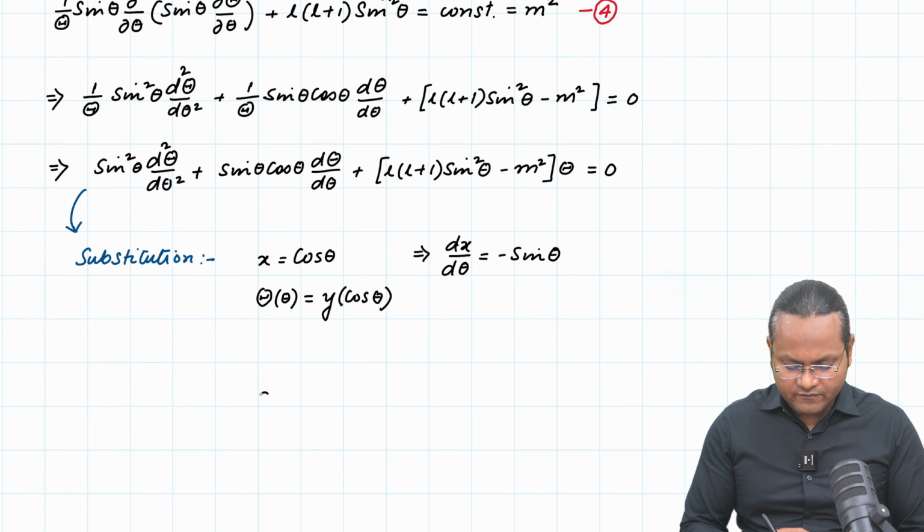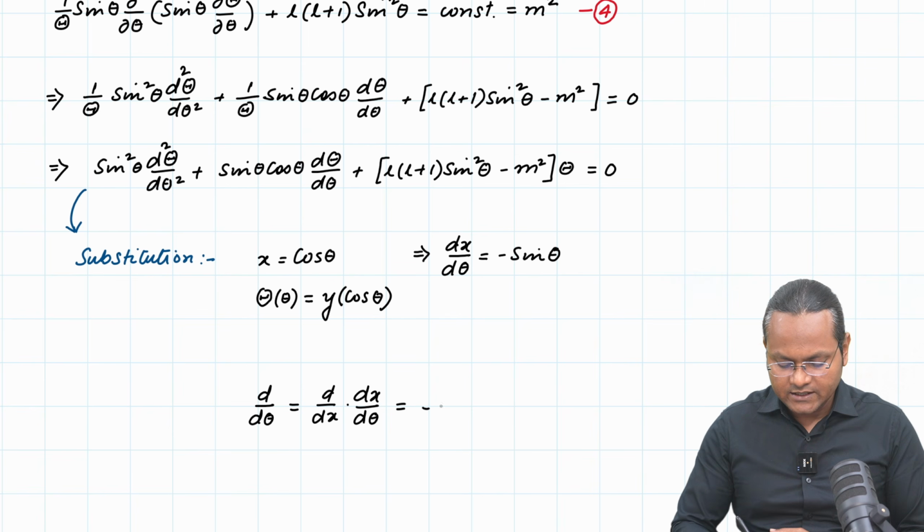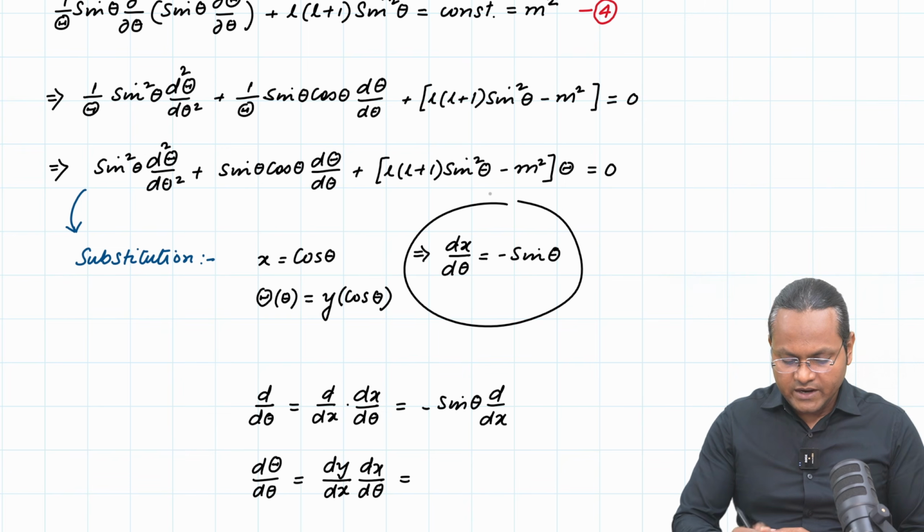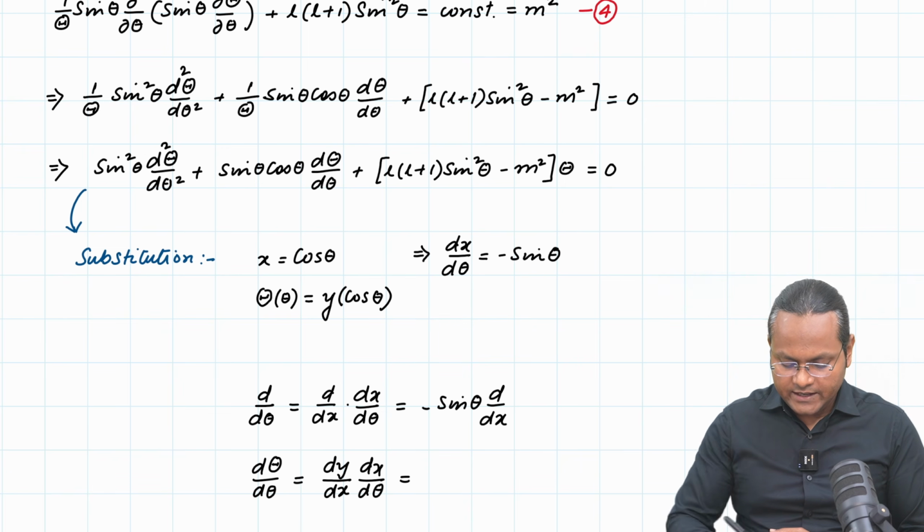It is also obvious that the derivative with respect to theta can be written as the derivative with respect to x times dx/dθ. So this becomes minus sin theta d/dx. And if I also take the derivative of the theta function, which is y, with respect to theta, I can write dy/dx times dx/dθ, which I'll again substitute with minus sin theta. So I end up getting minus sin theta dy/dx.